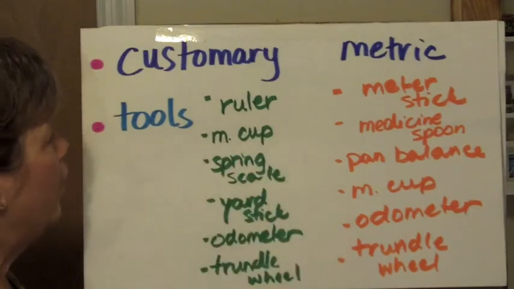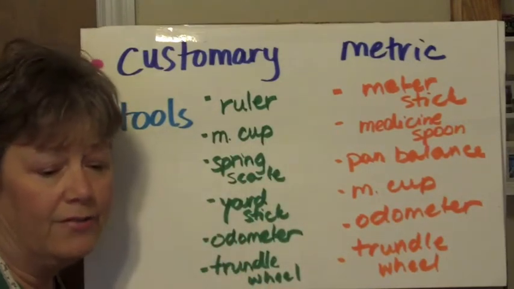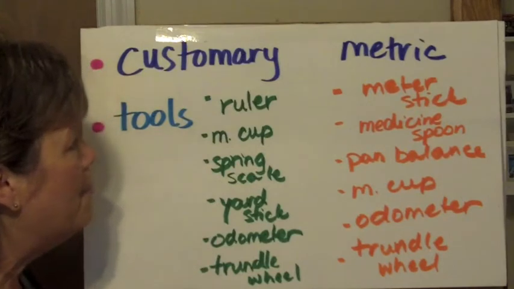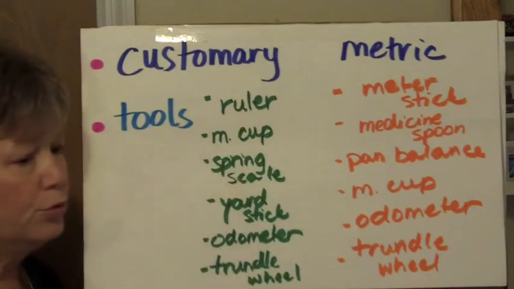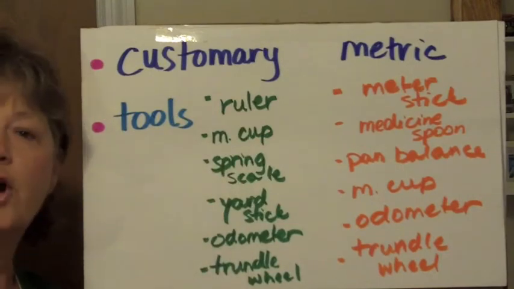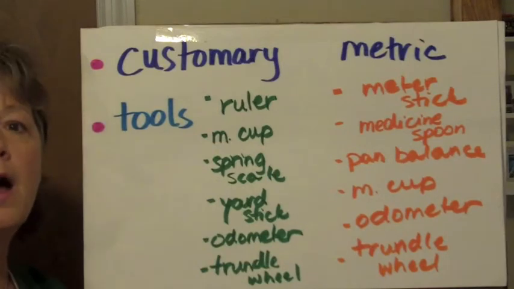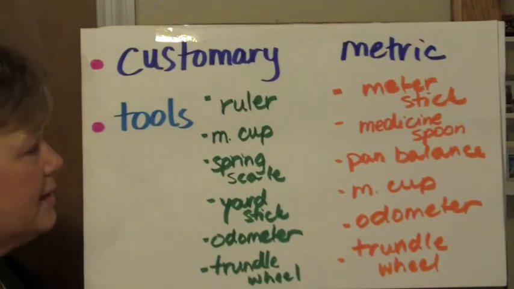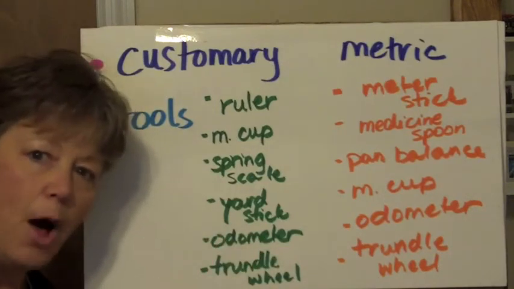So that's kind of what our customary tools look like, and I wanted to give you an idea very quickly of about what that means. A ruler, a customary ruler, is about the length of a car tag. So when you think of the car tag at the back of your car, that's what your customary ruler looks like. A yardstick is about as long as a baseball bat.